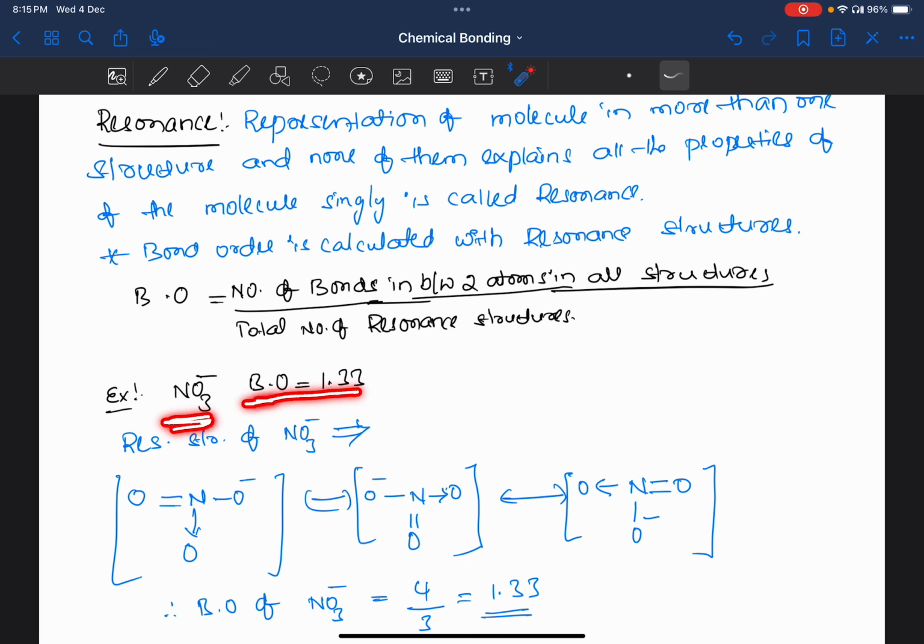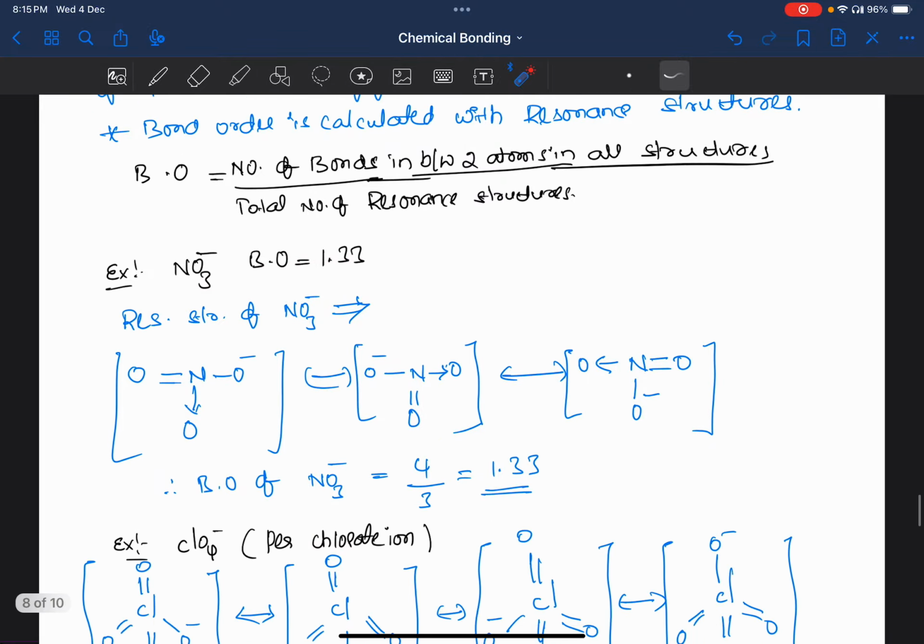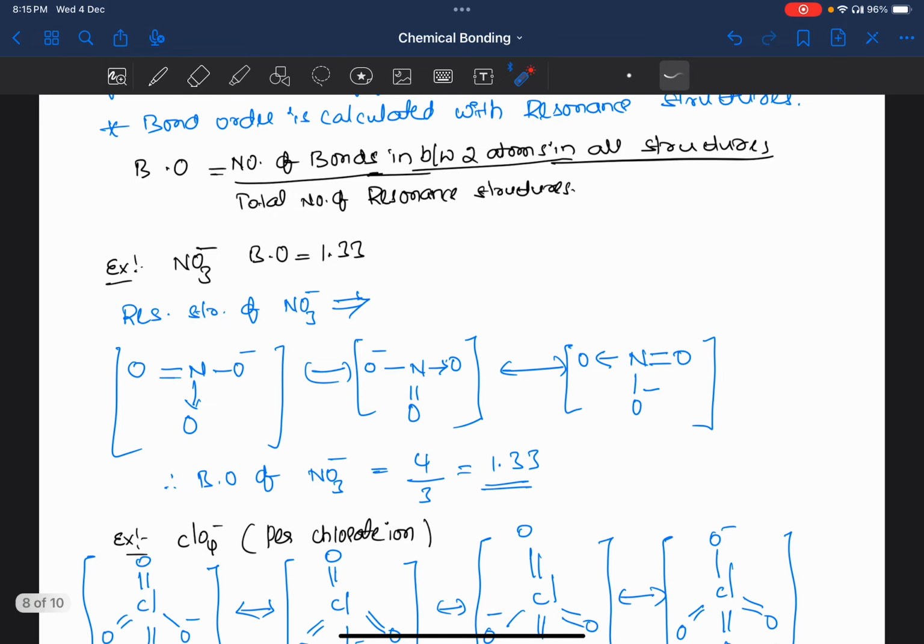Its bond order is 1.33. How did we get that? See its resonance structures. In them, the double bond is here, then here, then here, so all the bonds change their places. That is why these three structures are called its resonance structures.